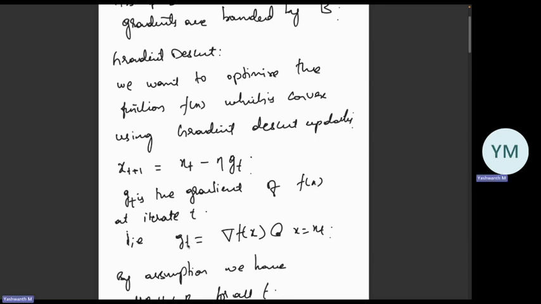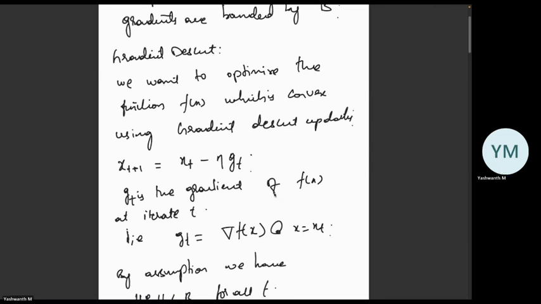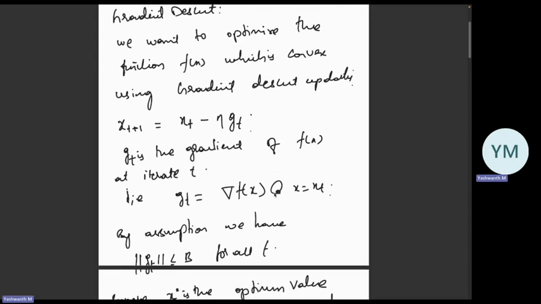The gradient g_t is defined as the gradient of f of x at x equal to x_t, that is the current iterate. By assumption, we have the norm of the gradient less than or equal to B, where B is positive. So the gradients are bounded above by a constant B for all t.